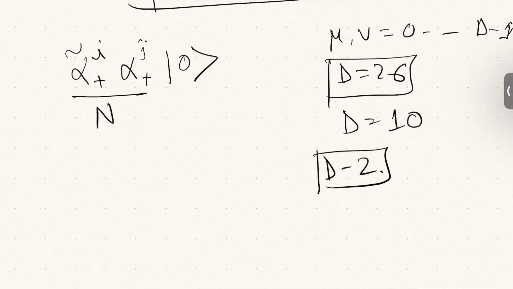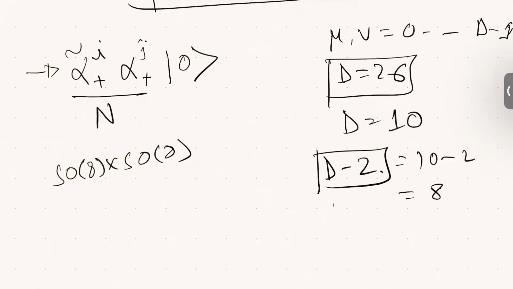So in the case of the supersymmetric string, the little group is going to be D minus 2, and that is 10 minus 2 equals 8. So basically you have to study the direct product of representations of these. It's going to be SO(8) times SO(8), and to study the spectrum you have to study this direct product.